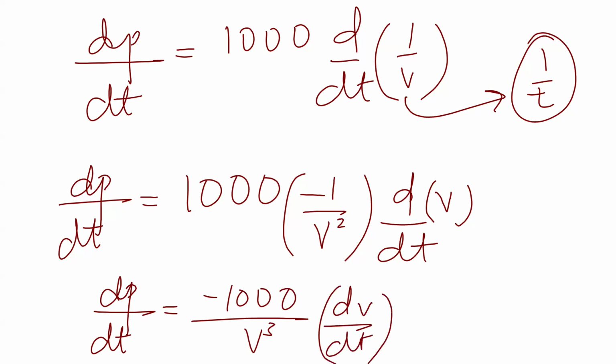Now we have all these values. We know the initial volume, and we know dV by dt, which is given in the problem.